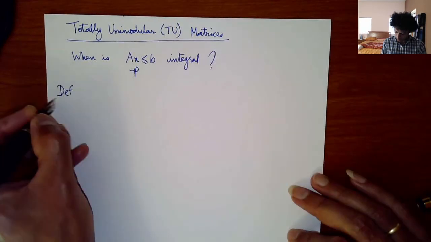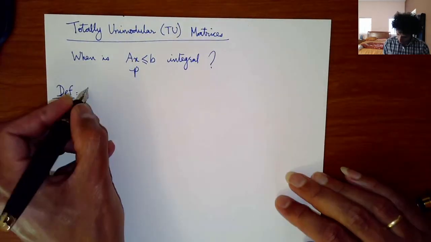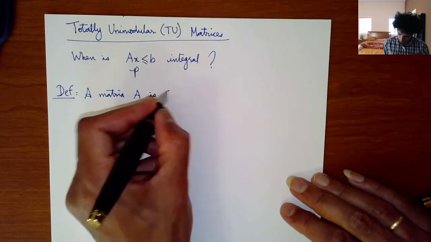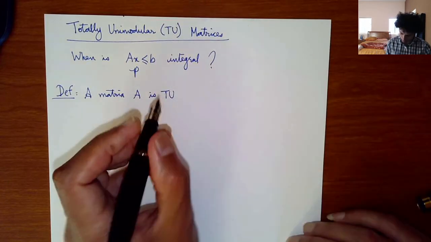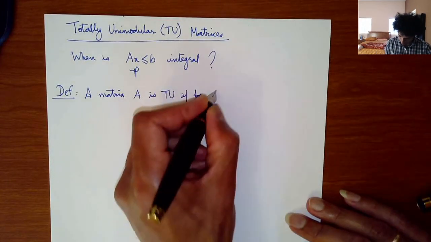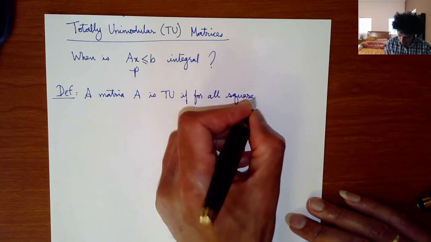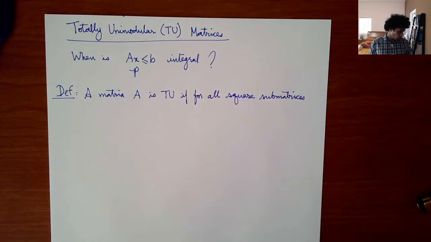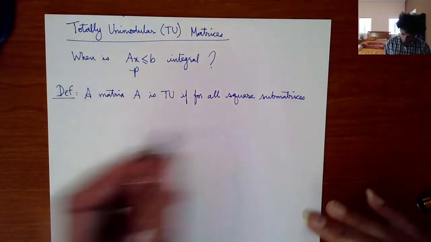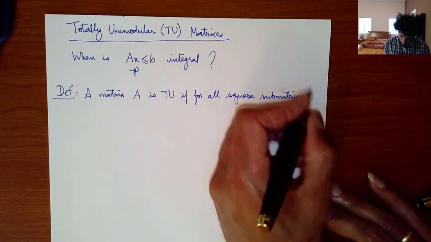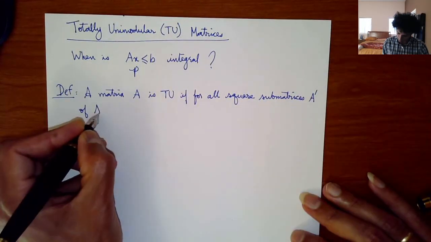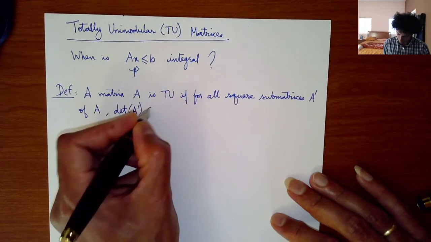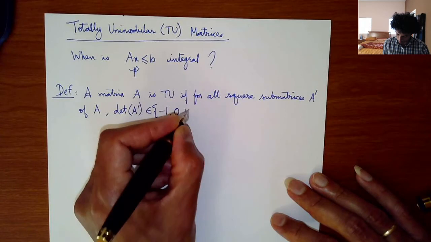So I'm going to define a matrix A to be totally unimodular if for all square submatrices A prime of A, the determinant of A prime is either -1, 0, or 1.